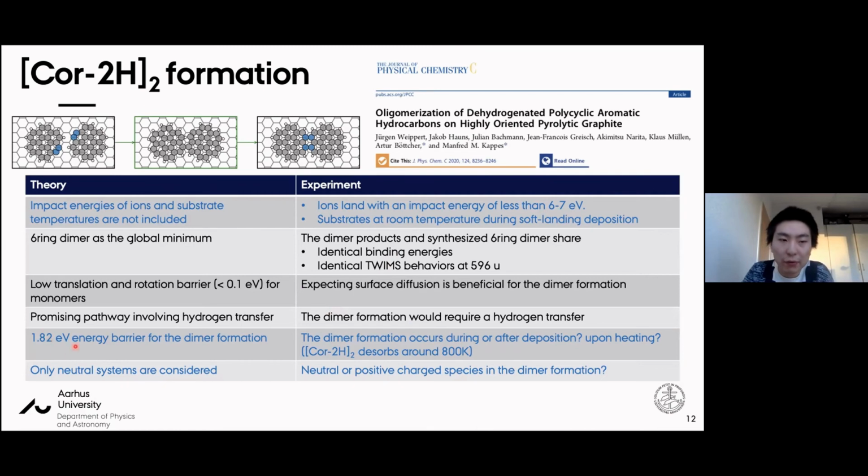Because we have a relatively high barrier for this, from the theory point of view, the dimer might form at high temperatures, which means only upon heating it could be possible. But if the ions already have very high kinetic energies, they can also overcome these barriers. So it's another possibility. But this is not the focus of this work. And also the charged system is not covered in our theory calculations.